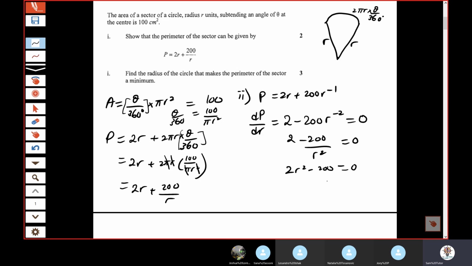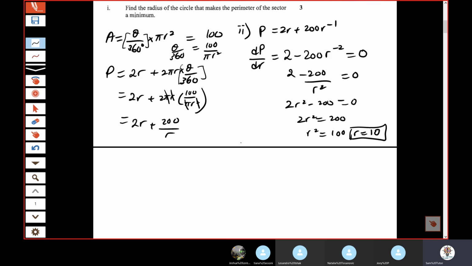What do we do to the 200 now? What do we do with the 2? What do we do with the squared? r equals 10. It says find the radius, so you're technically done. All we need to do now is show that it's a minimum. So d squared P on dr squared.